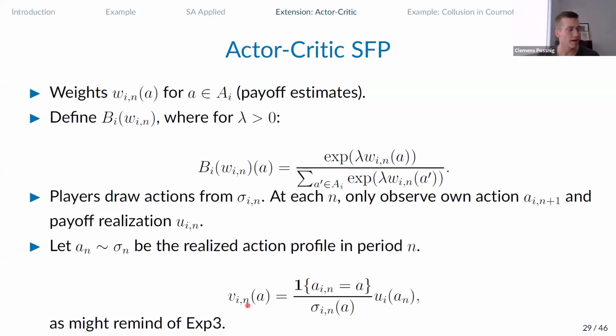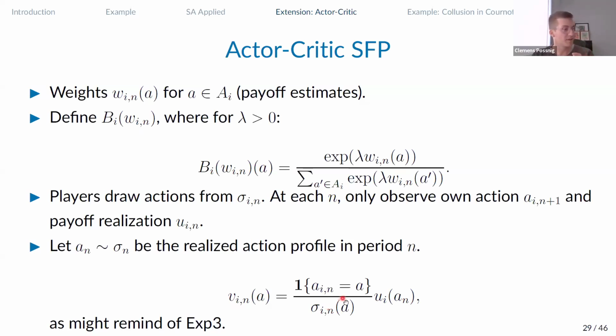And this should remind you of EXP3 if you know about the algorithm. This is an estimate that takes the indicator function: if you took action a, give me the realized payoff of that action and divide it by the probability with which I would have chosen action a.